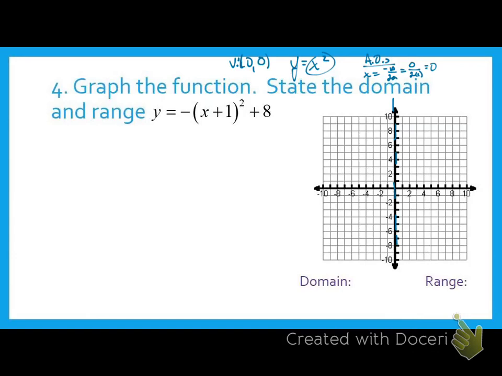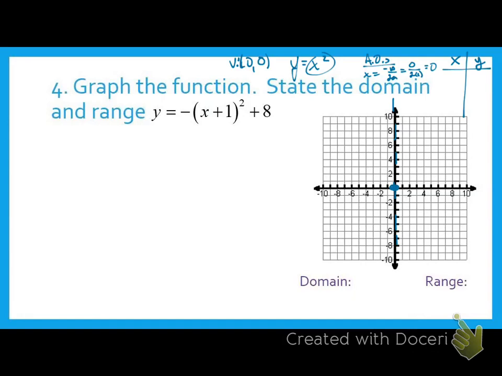So the vertex for the parent function is at 0, 0. Okay? Now, I need some more points. So I can create a table of values like we did in the last class, right? Just pick a bunch of x's, plug them into the function, and find out what the y is that goes with them.